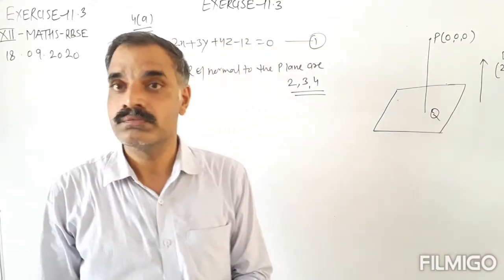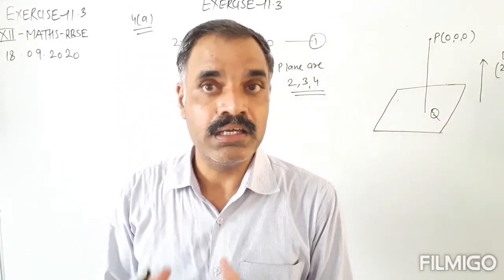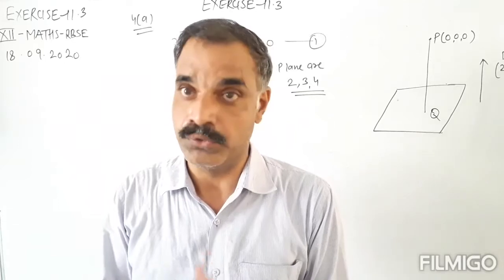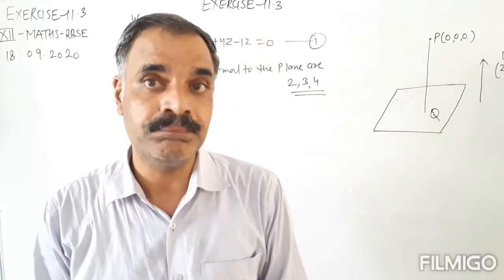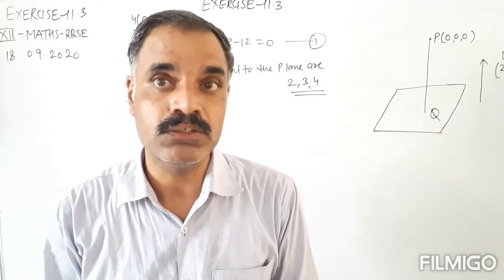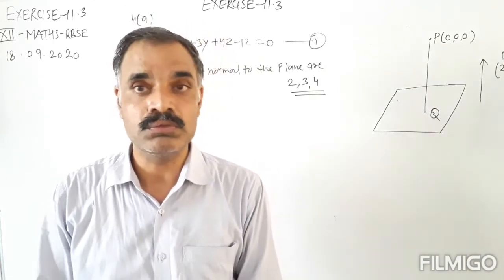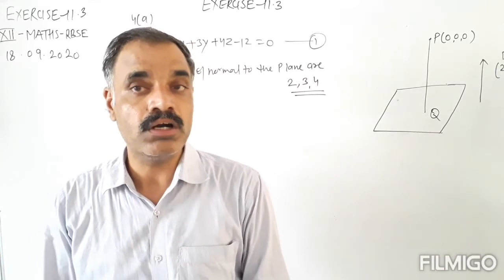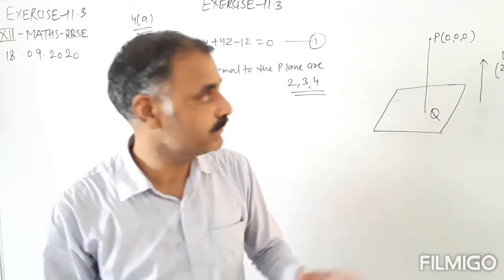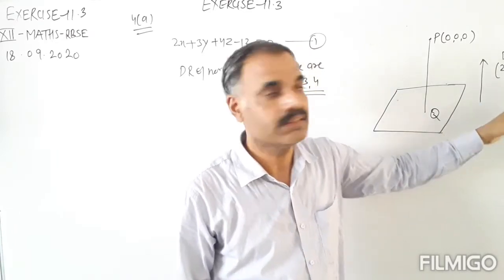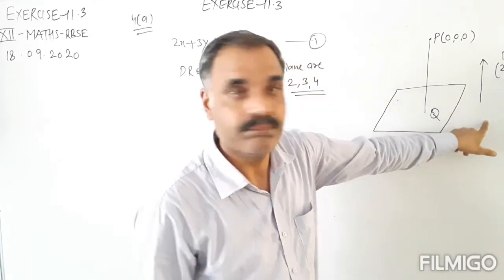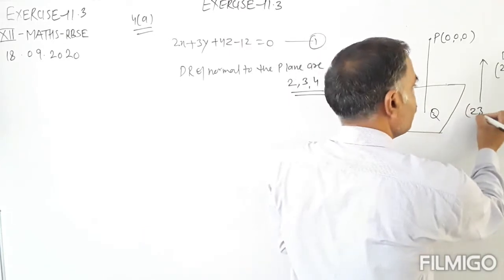Okay. Now we will find the equation of the line PQ. The equation of the line PQ passes through the point P, that is the origin 0, 0, 0, and has direction ratios parallel to 2, 3, 4.